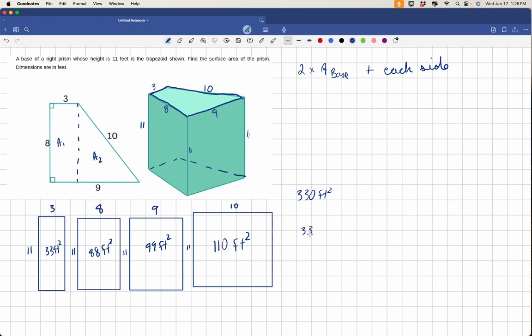Now if we add these together individually, we should get the same number. So 33, 88, 99, 110, right? 3 plus 8 is 11, plus 9 is 20.